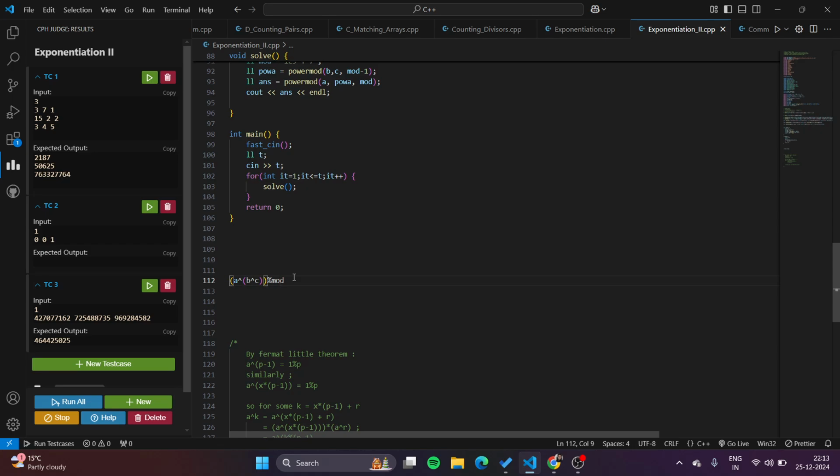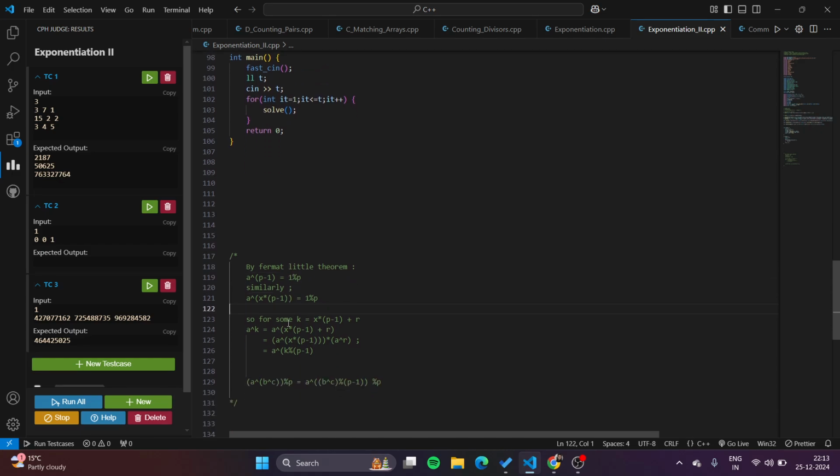So you'll have to use Fermat's Little theorem for this. Now, how do you do this? By Fermat's Little theorem, a raised to power p minus 1 is 1 modulo p. And here, a and p have to be co-prime. This is the important part. Now I want you to remember the value of mod that we were given, 10 raised to power 9 plus 7, right?